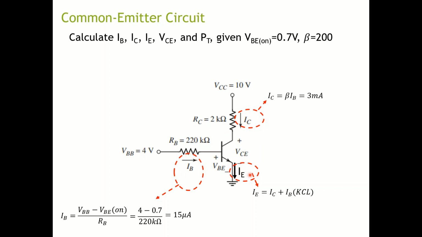Therefore, you can say I_E equals I_C plus I_B. But I_C is also equal to beta I_B. So you have another equation that you can use, and it's always true: I_E will be equal to (beta plus 1) multiplied by I_B. Therefore, I will have my emitter current to be 3.02 milliamperes. So a little bit higher than this.